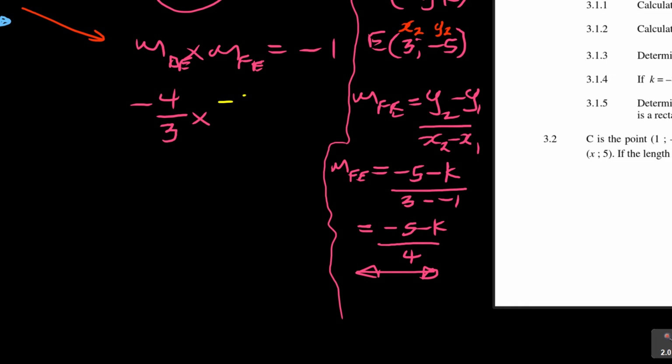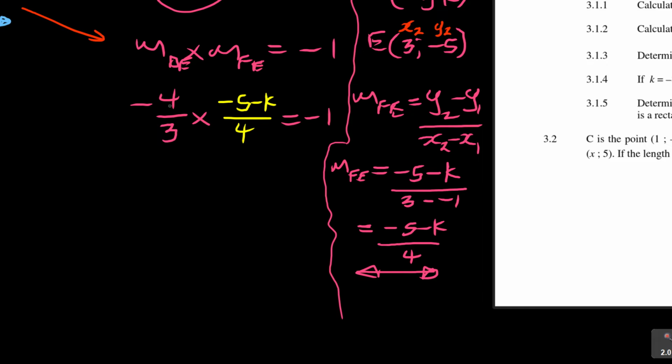Let me use something different like this so that you can see. This must be equal to negative 1. Do you see what I just did? Then guess what? That's how you solve for k. So in here you can already see that it's easier. The 4 cancels. Sorry about this. Let me see what I did there.